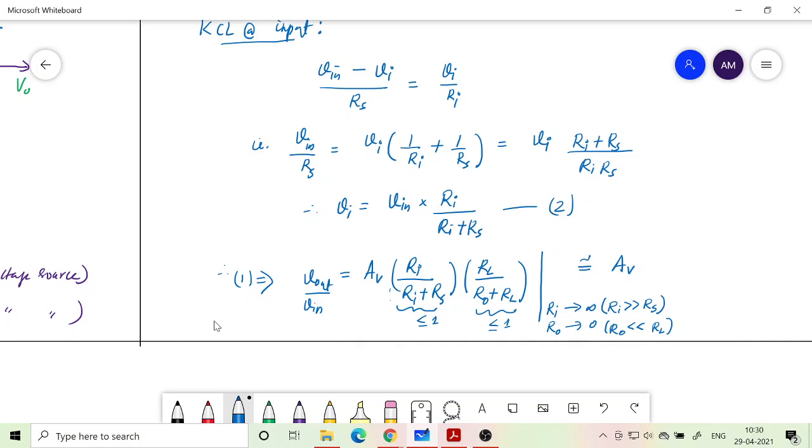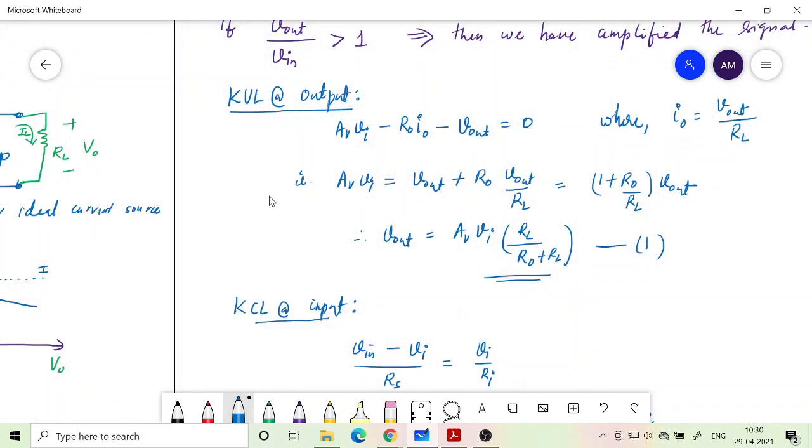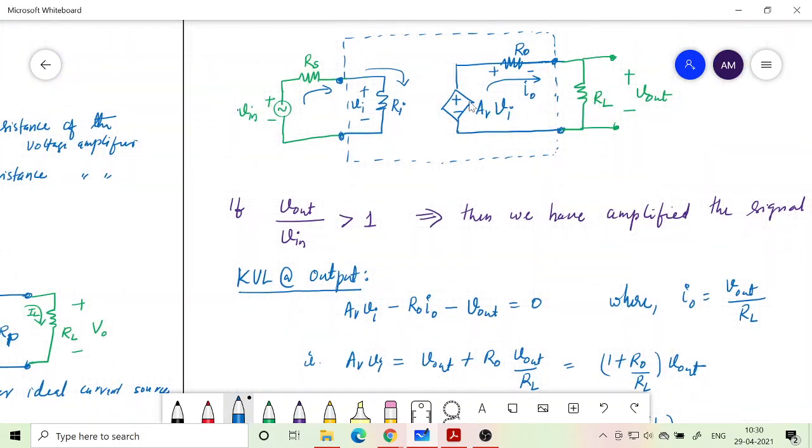So under this condition we can say that the voltage amplification factor will be AV. And what is AV? AV is the factor by which our voltage source will produce the voltage depending upon the voltage across Ri. So now our quest is, can we find a device which can do this?